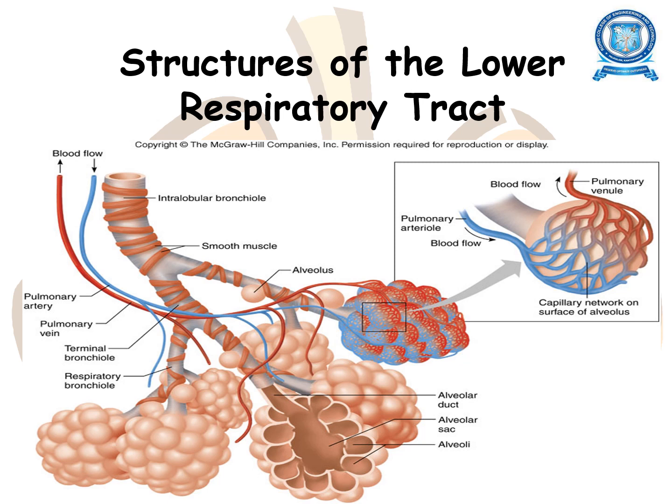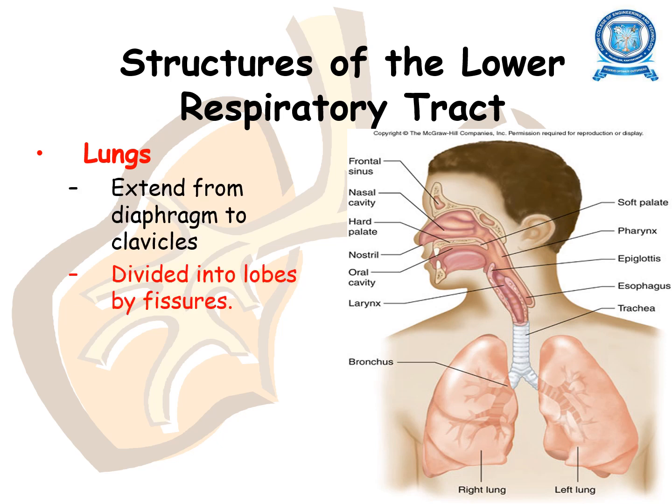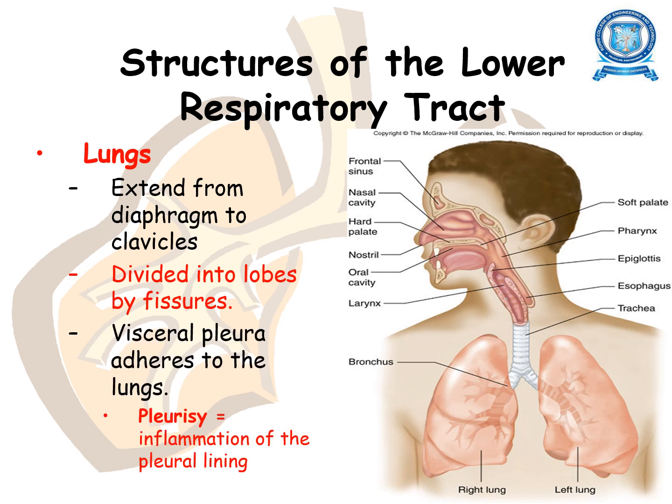And here is the diagram about the main structures: alveolar sacs, alveoli, alveolar duct, smooth muscle, pulmonary vein, respiratory bronchioles. Next are the lungs. The lungs extend from the diaphragm to the clavicles, divided into lobes by fissures.